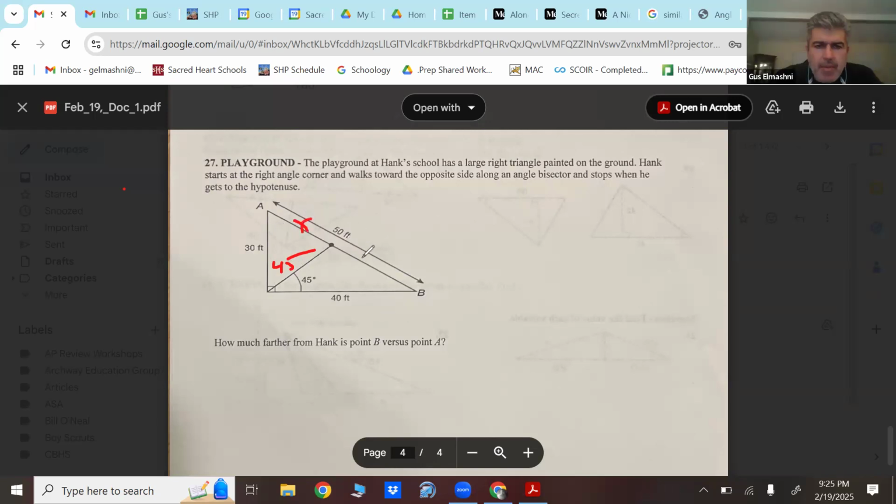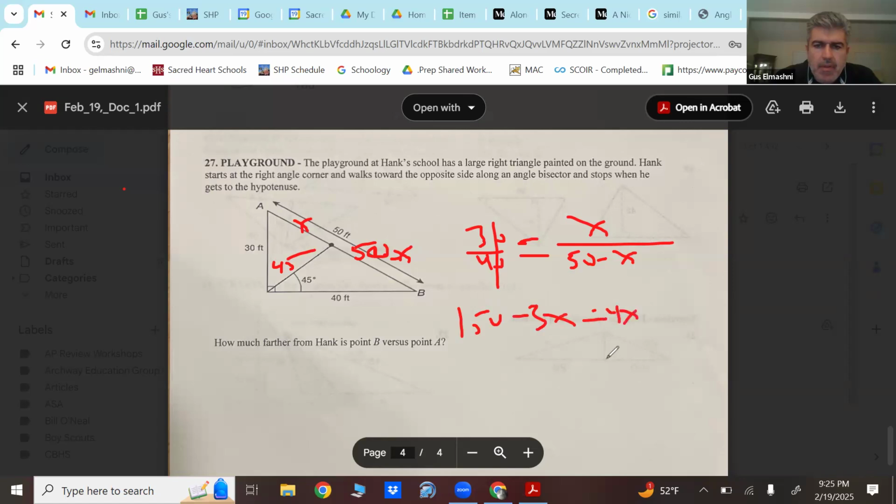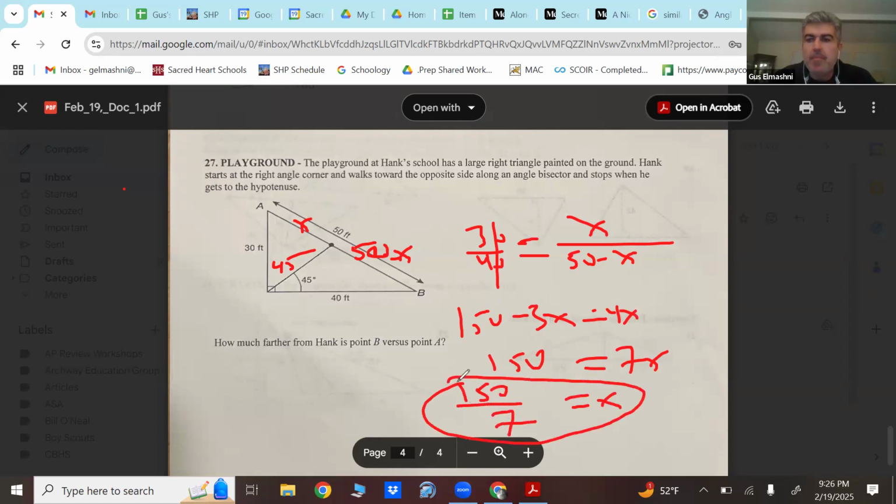We'll call this X and 50 minus X. You're going to say 30 over 40. Those cancel. You get that.